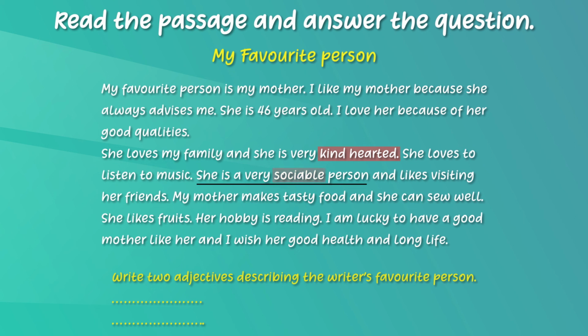She is a very sociable person and likes visiting her friends. So kind-hearted and sociable are 2 adjectives. But here you have a third one also. In the last sentence you have, I'm lucky to have a good mother. So good also is another adjective describing the quality. So you can write any 2 from the 3: kind-hearted, sociable and good.